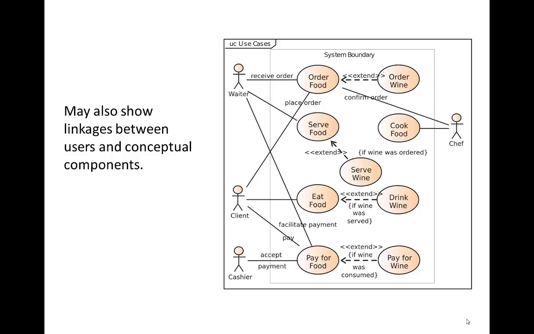Our client orders food, which involves interaction with the waiter. They might want to extend their order to include the wine menu. Once the order is confirmed, it's sent to the chef, etc. So it's not just showing individual users, it's showing how the users interact with one another and how messages get sent through the system.